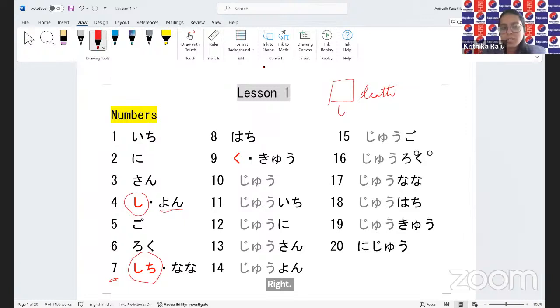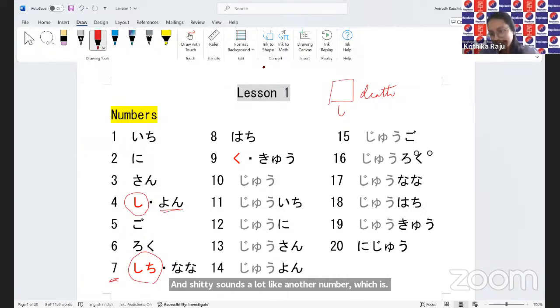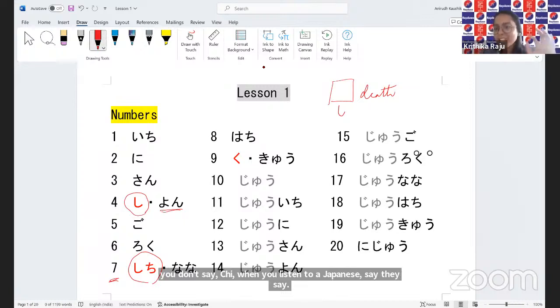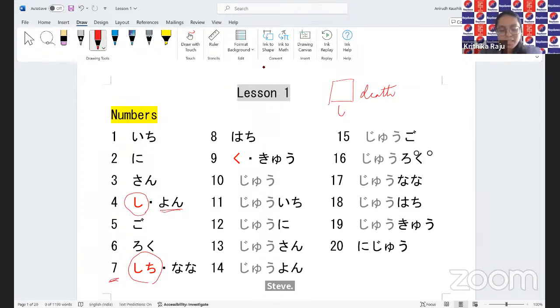And shichi sounds a lot like another number, ichi, right? Also, when you say shichi fast, the shi tends to get shortened. So you don't say shichi; when you listen to a Japanese speaker say it, they just say sh and chi because they're speaking fast.